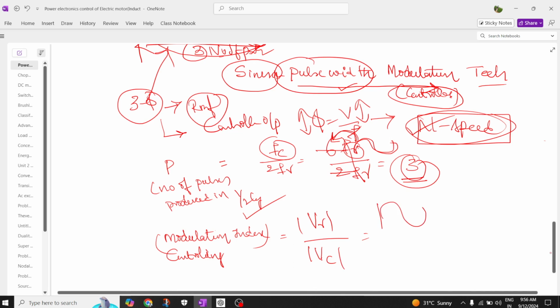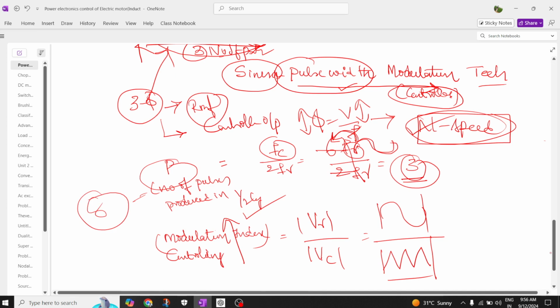The magnitude of the reference, which is sinusoidal, divided by the magnitude of the triangular waveform. So by using this modulation index, by controlling the magnitude, we can control the waveform better. So automatically we can control the pulses. This is all done by using a G ratio.